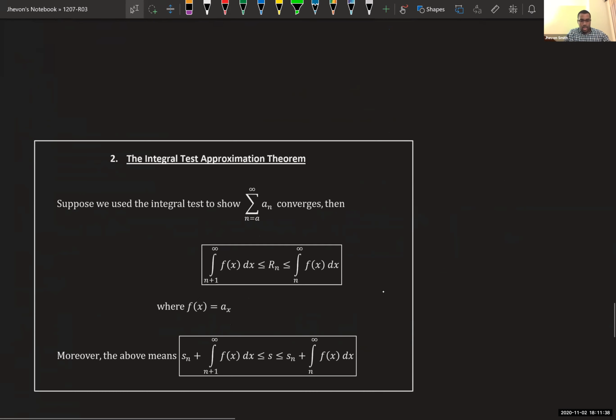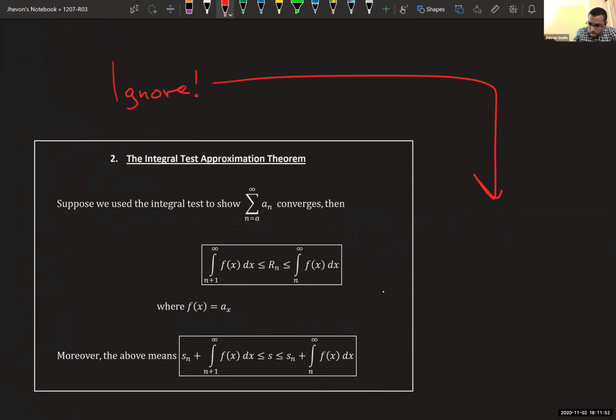Like I said, I left some notes here, but we're going to skip these. Ignore everything onwards. If you're interested, you can read it, but I'm not going to test you on any of this. So there are ways to put bounds on the remainder term if you use the integral test.